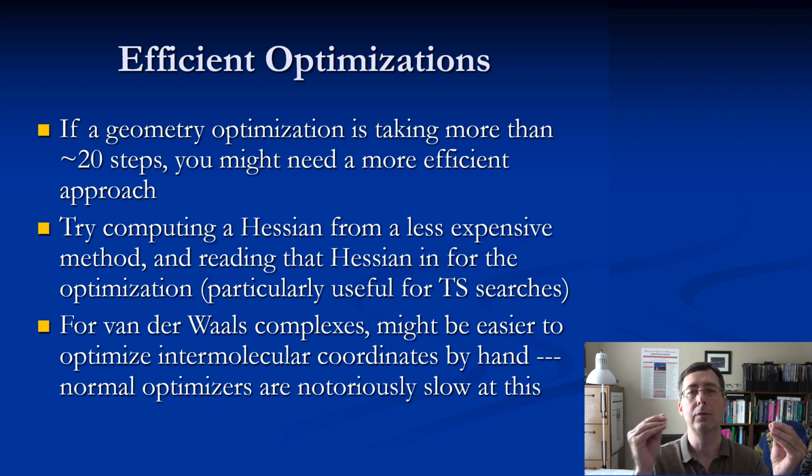You might just do maybe 6 calculations by hand at different distances, try to find about where the minimum is, and then restart the optimizer there. Because if the optimizer is doing it, it can sometimes take really inappropriately small step sizes because the gradient is so small. And it might take 100 cycles to get in the ballpark, or more, or it may never get there.